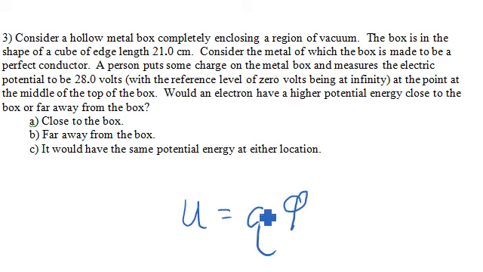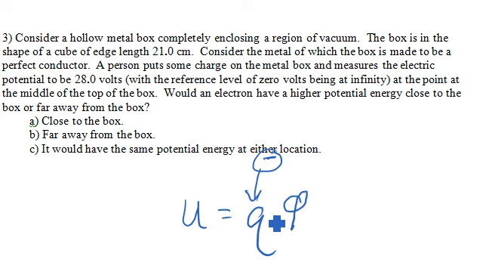So at the surface, it would have an electric potential energy, this is negative, of minus 28 electron volts. We recognize it's really the energy of the system, but for accounting purposes, we attribute the energy to the electron, so calling it the energy of the electron is perfectly okay in this context.